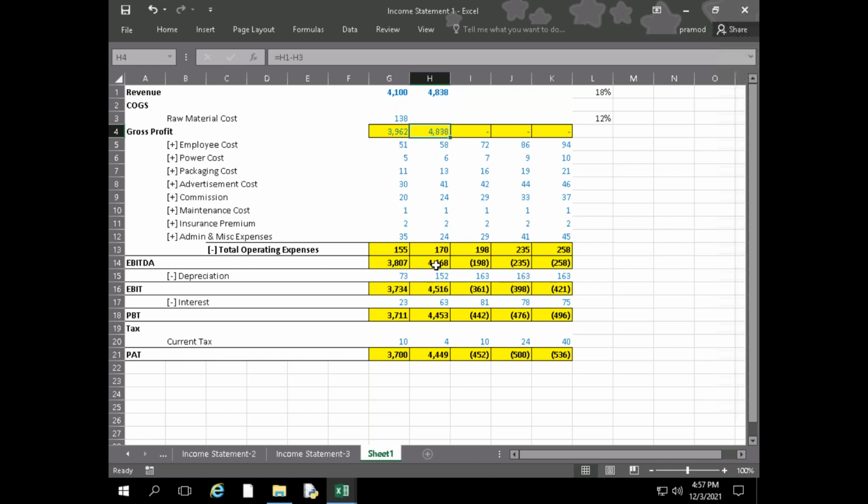My EBITDA is 668, so it is lesser than the 800. If you are calculating lesser to the greater, you have a negative. Means your depreciation is lesser than the value of that. It's negative, means it is over cash flow. So once I see my income statement, my PAT is loss. So if it is negative, then it is a loss. Okay, sir.